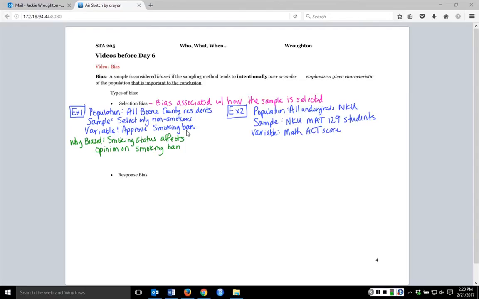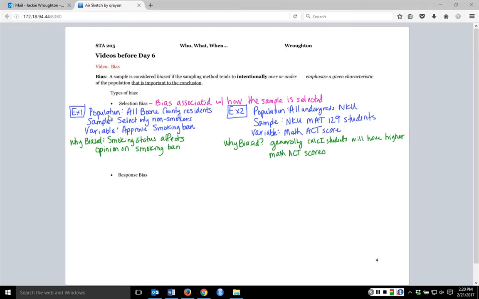So why? Generally, Calc 1 students will have higher math ACT scores, and so that's going to give me biased results.